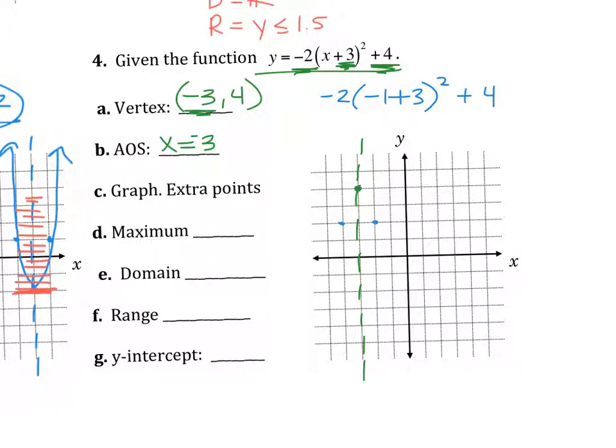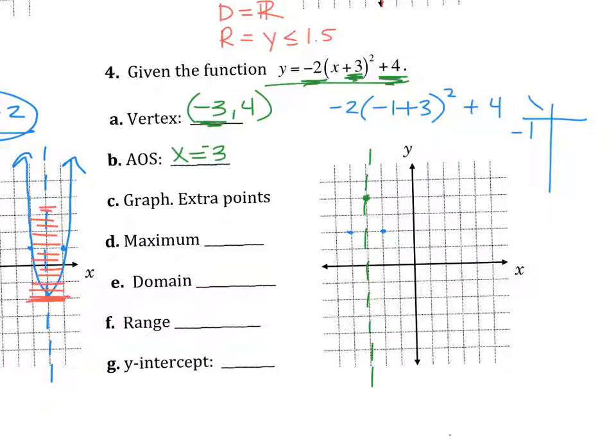And again, let your calculator do your work. You get negative 4. So if we plug in a negative 1, we get for y a negative 4. So that puts me here. Reflect that, I get that point there. Draw that line in. Remember, this is a curve.